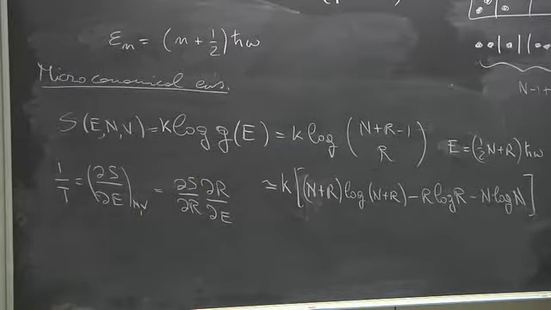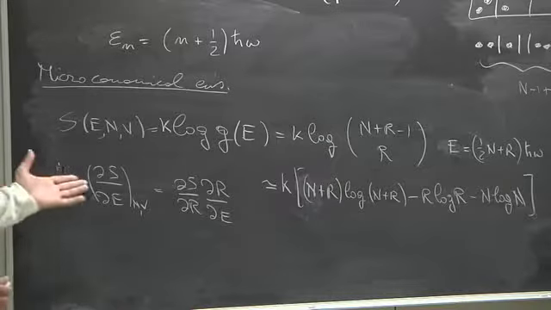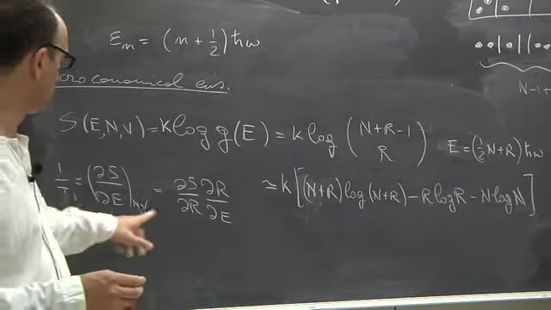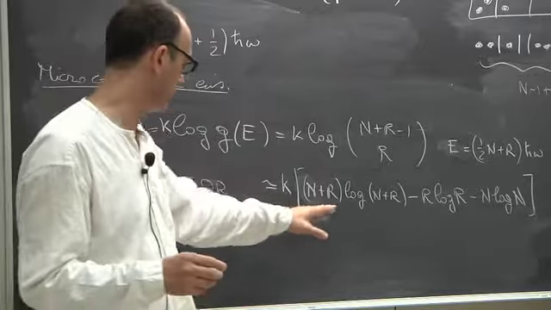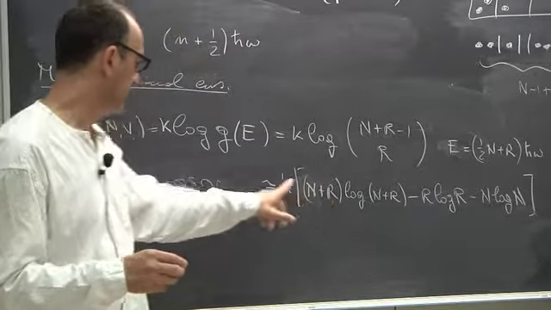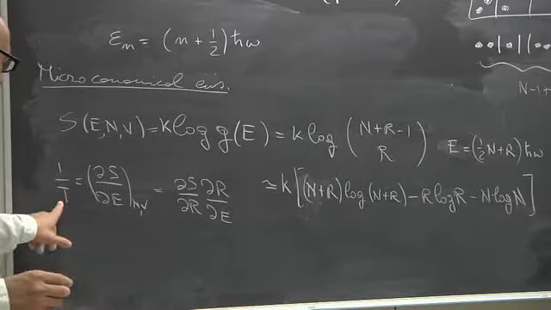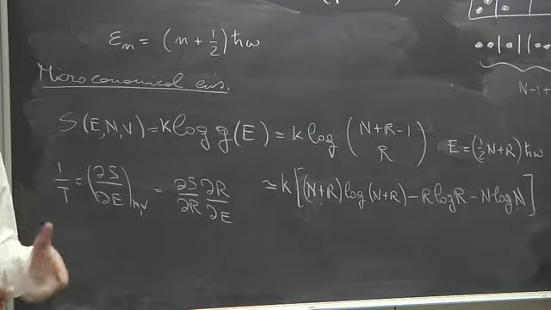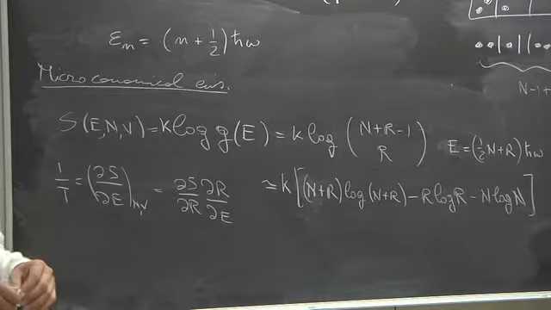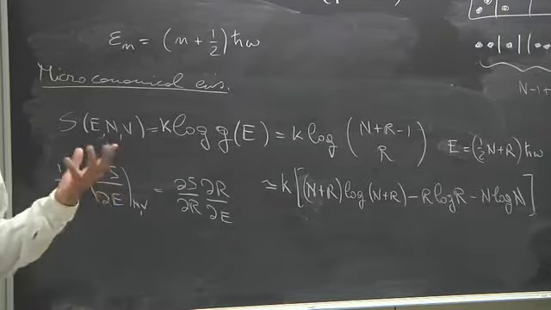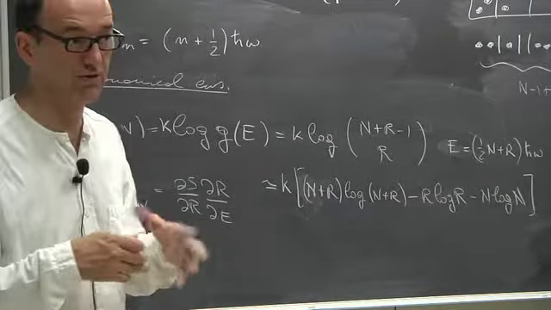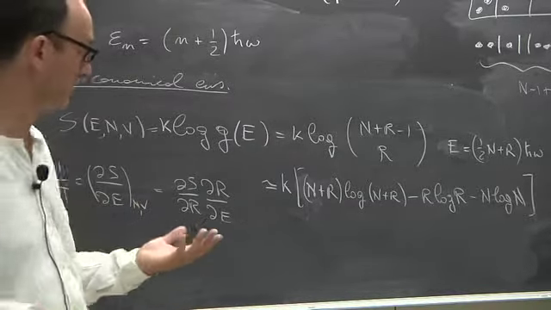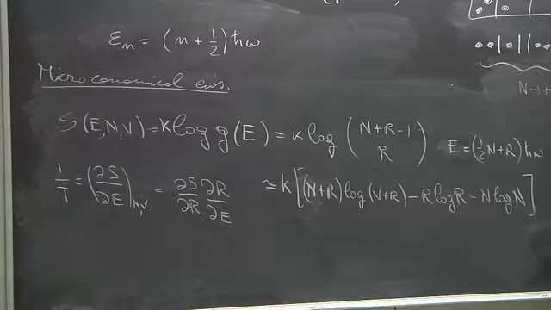Then you take this formula and substitute for R the expression of R as a function of T, and you should get the entropy which we have computed previously, the same entropy which we have computed in the canonical ensemble. And this will tell you that these two descriptions, the canonical ensemble and the microcanonical ensemble, are completely equivalent.